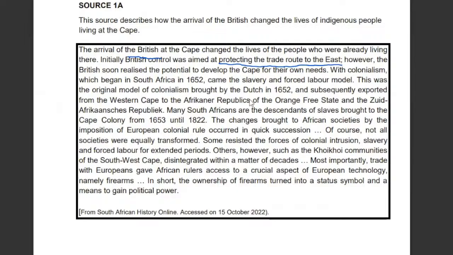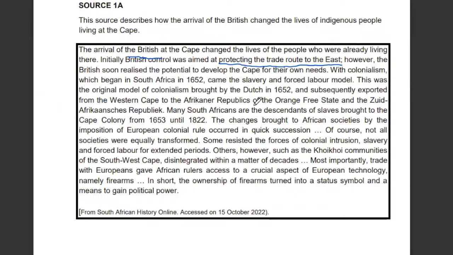They wanted to protect it, to link their trading activities to the east, and the Cape being a strategic point along the route, they also got interested in the Cape as part of their mission to protect the trade route to the east.